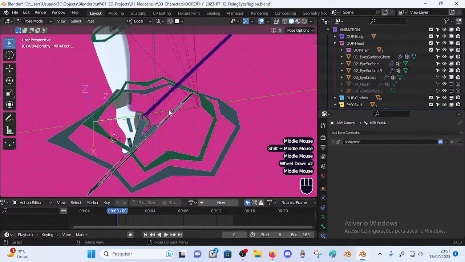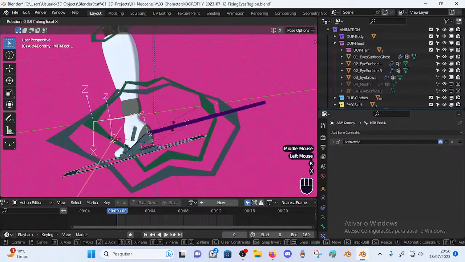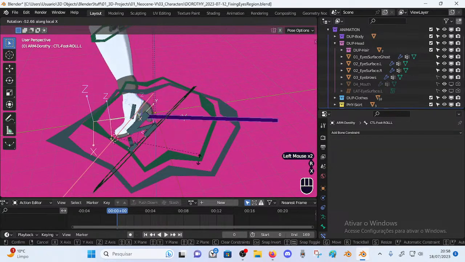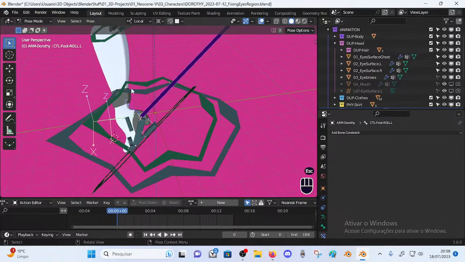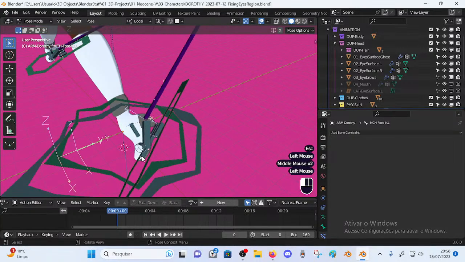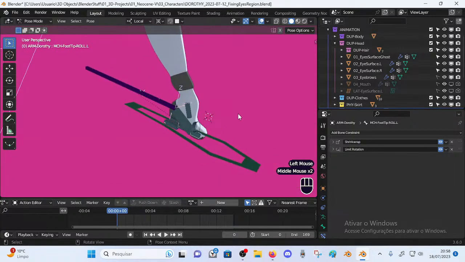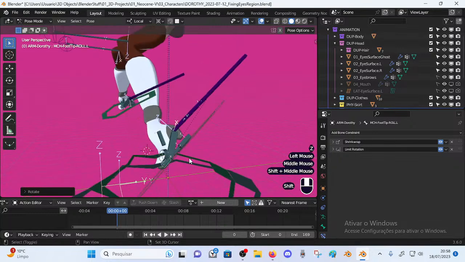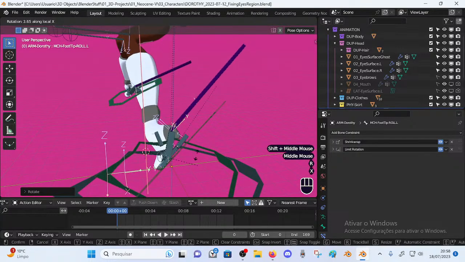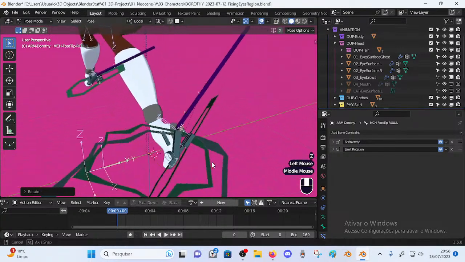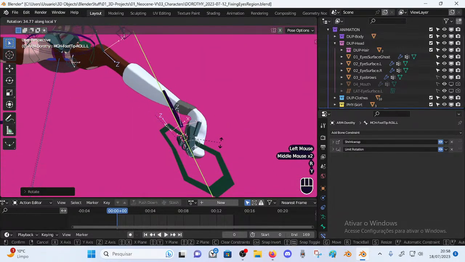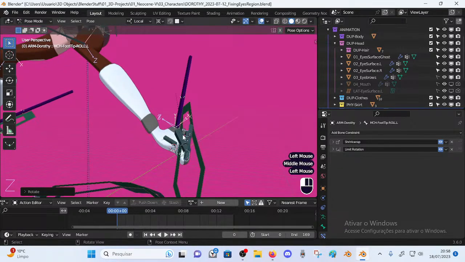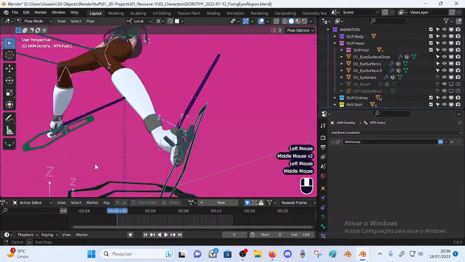So basically there is this feature, then we can do this, toes, pivot, whatever. Then we can also have this roll for positioning the tip of the foot, and even this kind of roll for the side. Pretty cool.